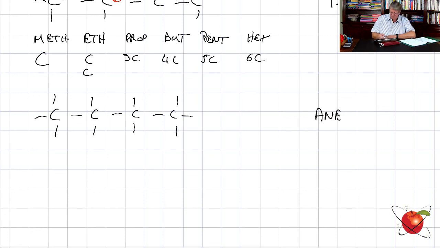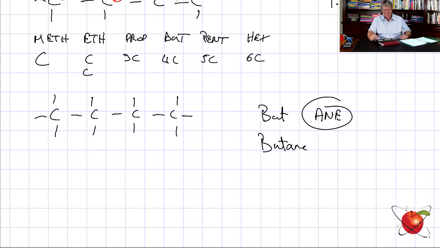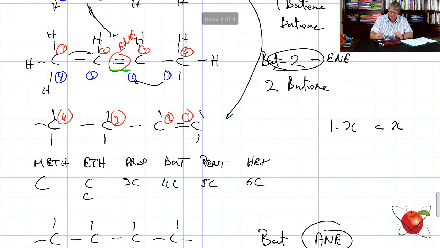And it is 4. So it's butane. But now in this case, because it's single bonds only, you never say 1, 2, or 3 butane. It is just butane. Generally with the anes, there isn't a double barrel. I call this the double barrel name over here because it's like Ponsonby Smythe or Smith Jones or whatever.